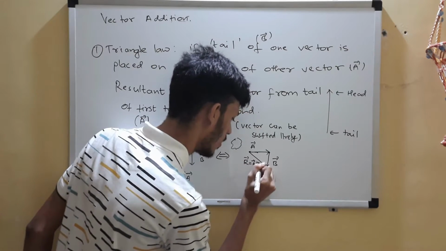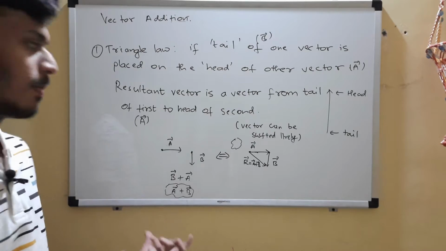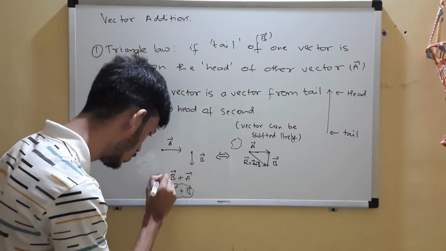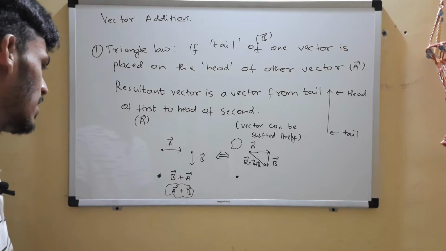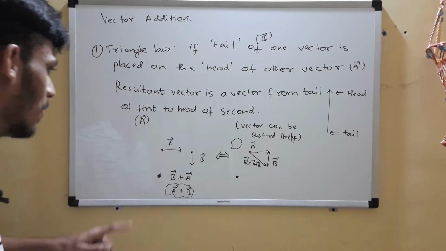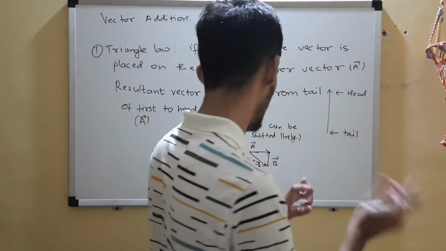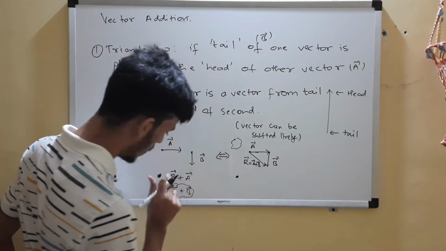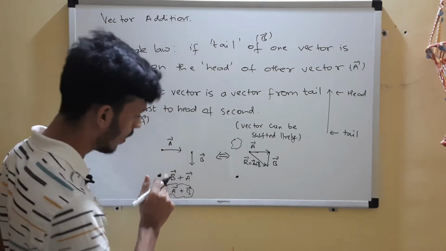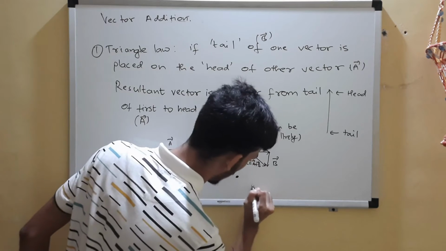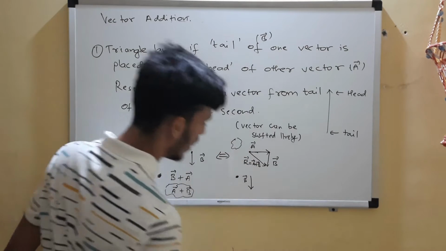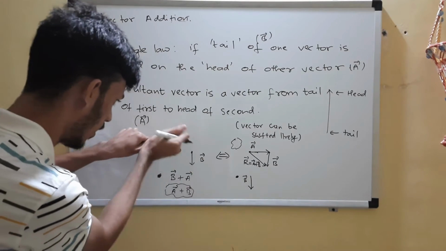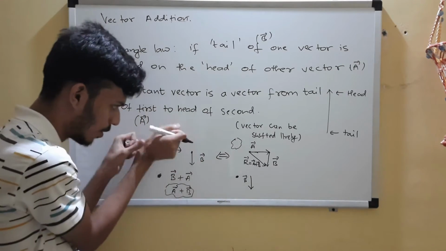Now find b plus a. The second case, b plus a. Now you have to flip. It should be b first: head of b and tail of a. So you shift this a now.